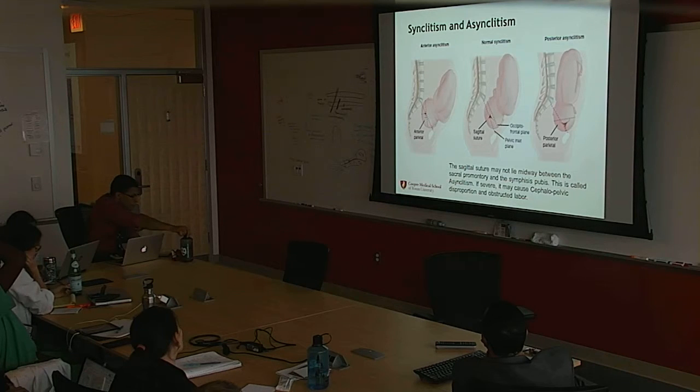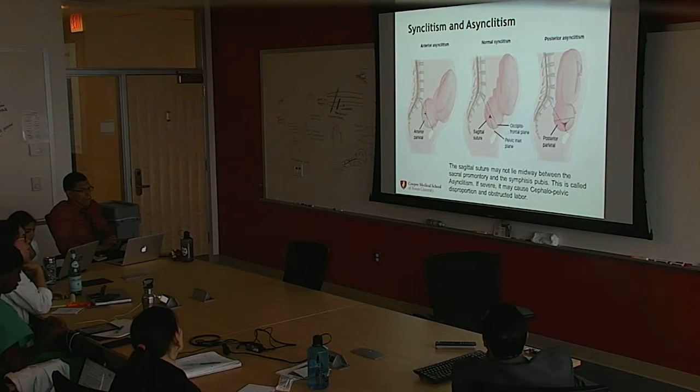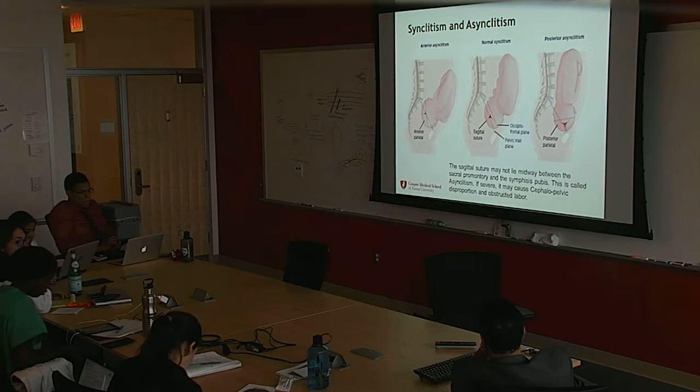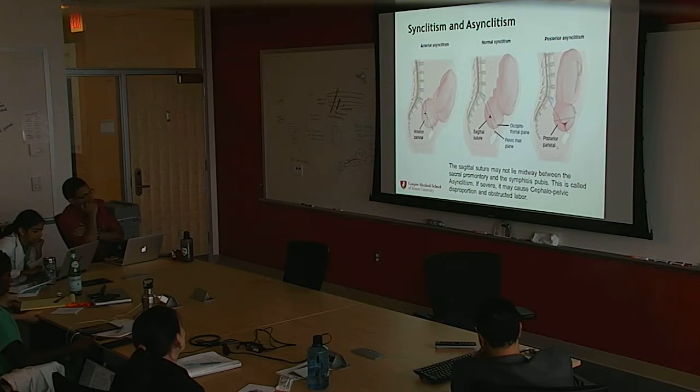Sometimes it is directed towards the promontory, and in this case the anterior parietal bone is presenting, which is called anterior asynclitism. Or sometimes it is more towards the symphysis pubis, and in this case the posterior parietal bone is presenting, and that's called posterior asynclitism.